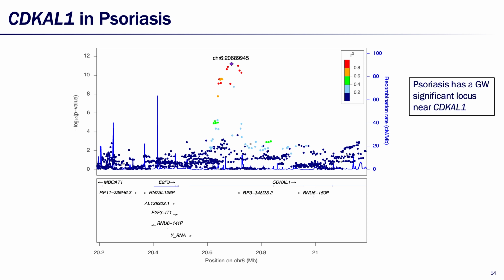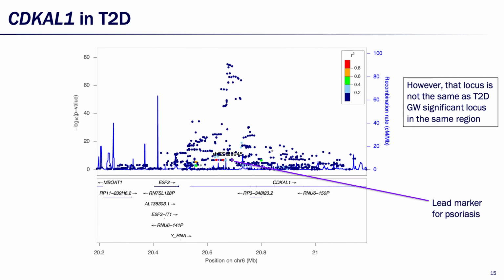Each of those dots represents a specific marker, and the colours show the correlation with nearby markers, the linkage disequilibrium.